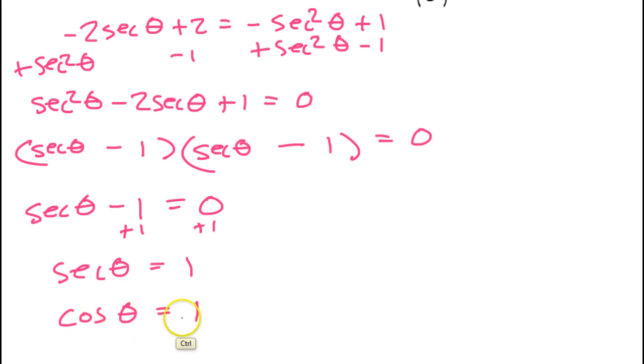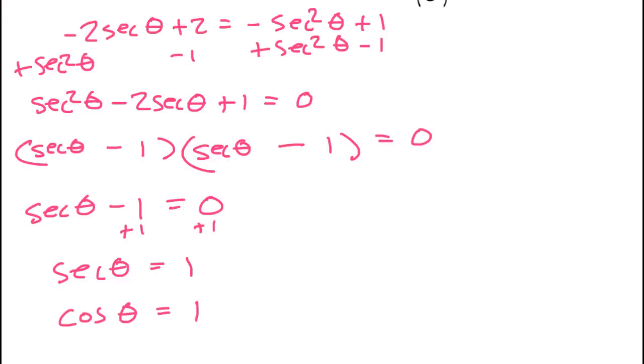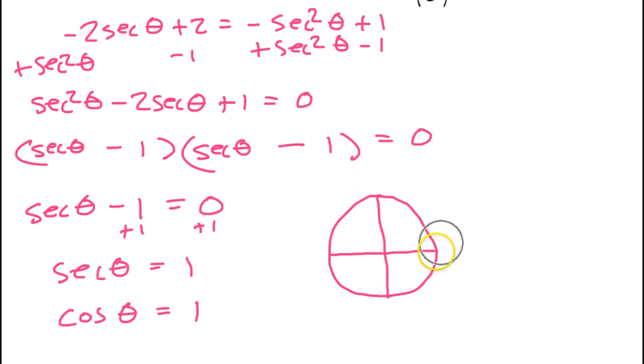So the cosine of what angle is 1? Well, that's none of the ones on the chart for sure. This is a quadrantal angle. That means we're talking about the angles that are at the quadrants on the x and y axis. So right here I have the point 1 comma 0.